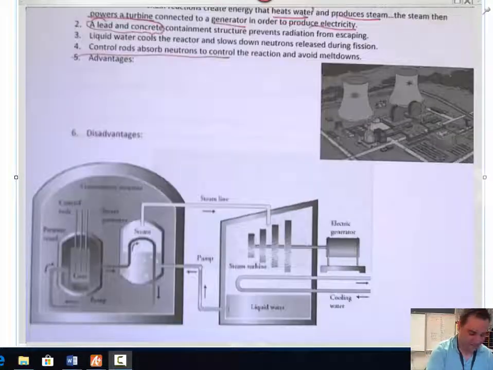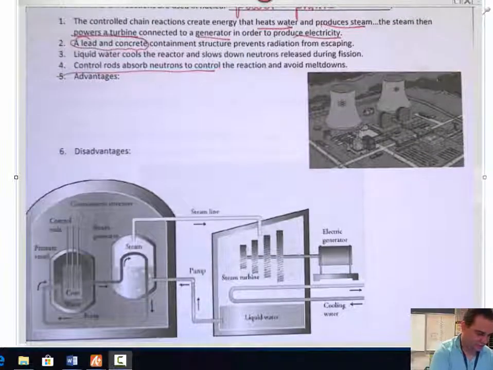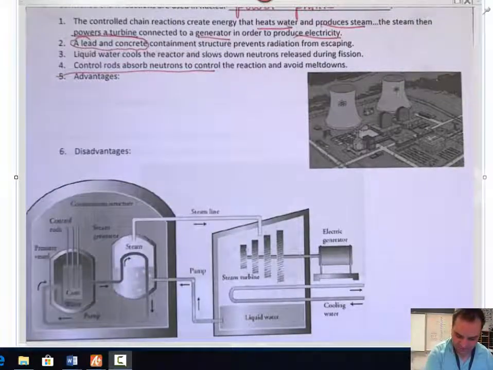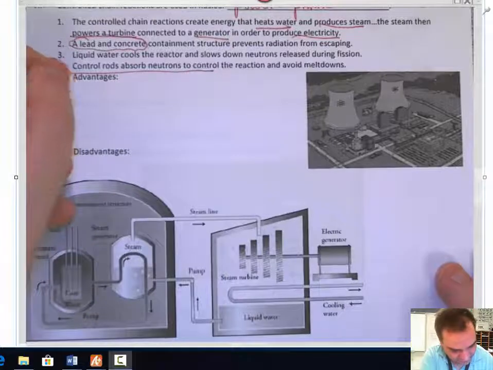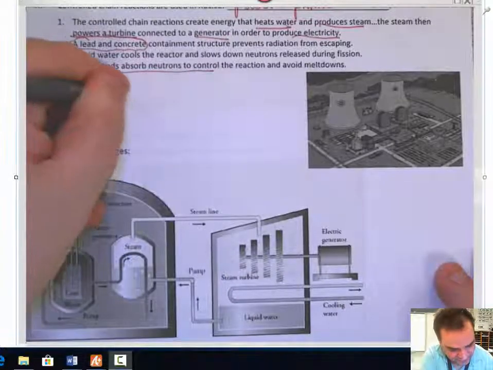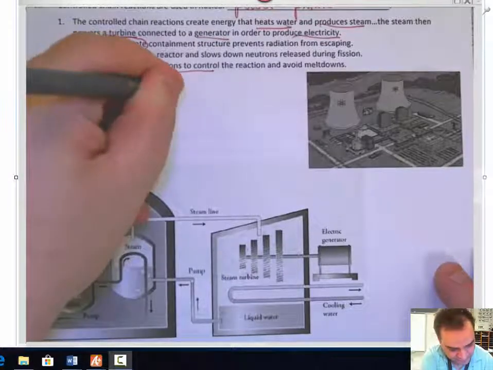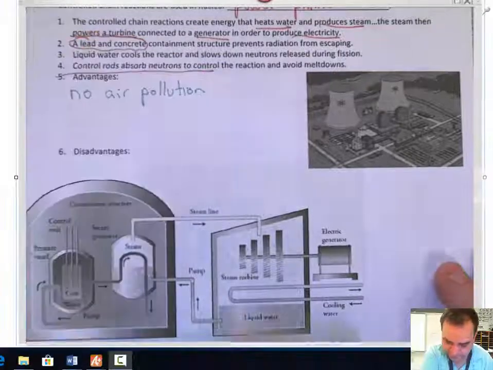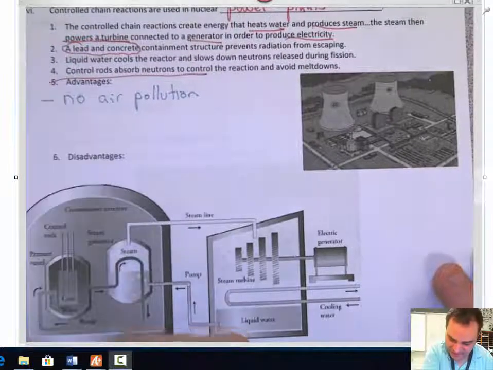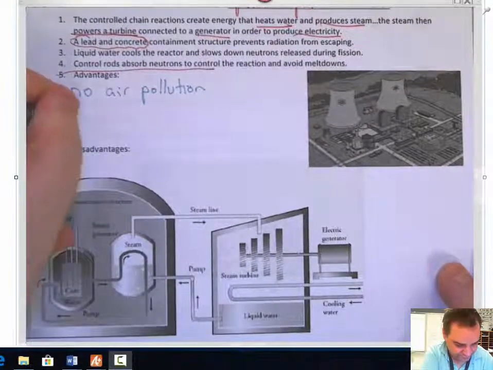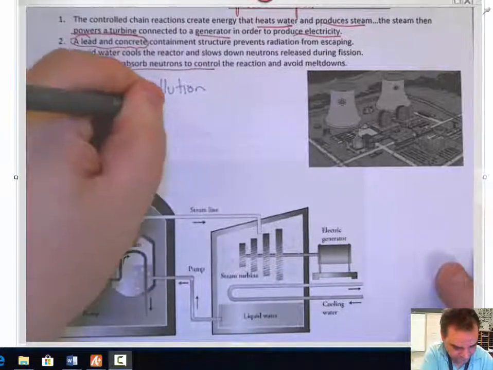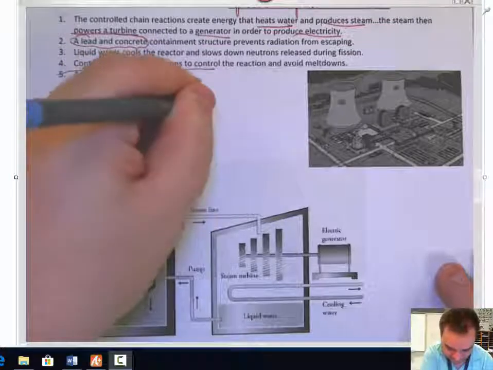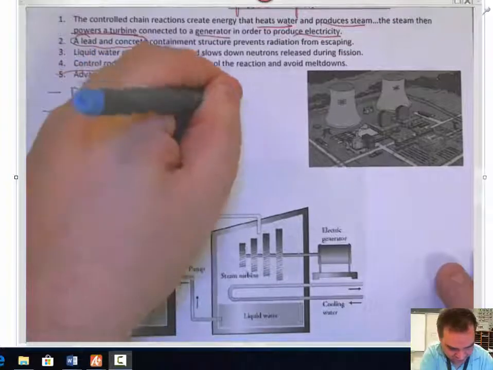Okay, so here are the advantages of nuclear reactions that are fission done in a power plant. First of all, there is no air pollution. Second of all, lots of energy for little fuel.